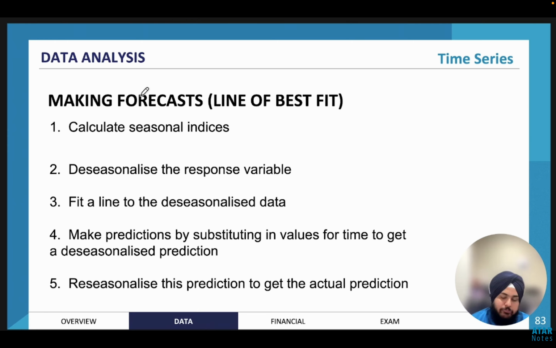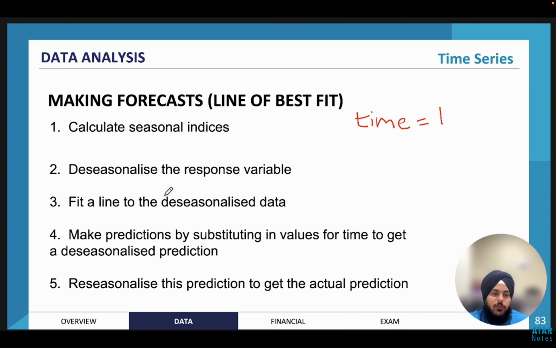For time, if it's 2001, 2002, you can have a key and say time equals 1 for 2008, for example, if that's your starting point. Just make it easier on yourself. Then make predictions by substituting in values for time to get a deseasonalized prediction.